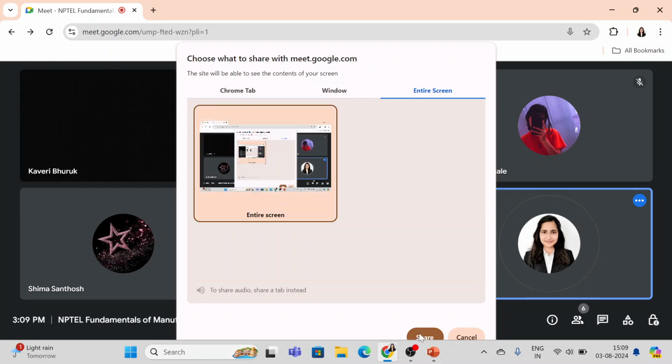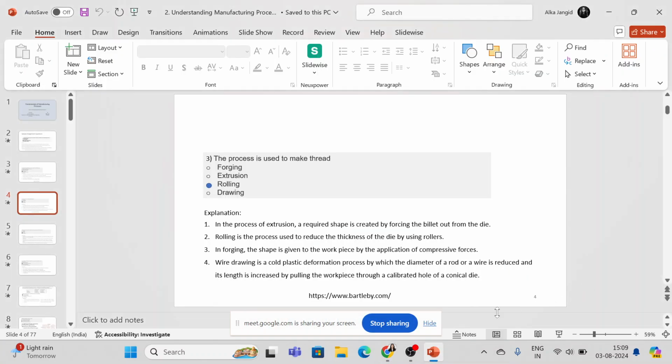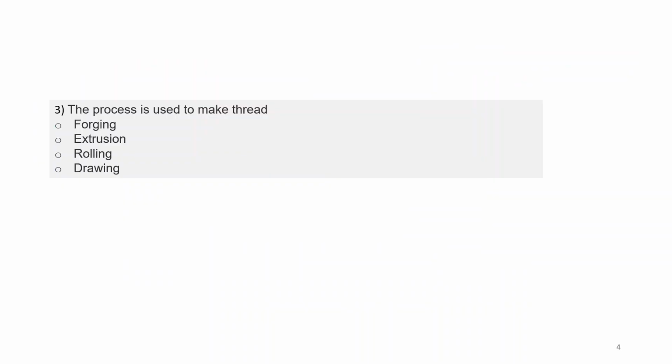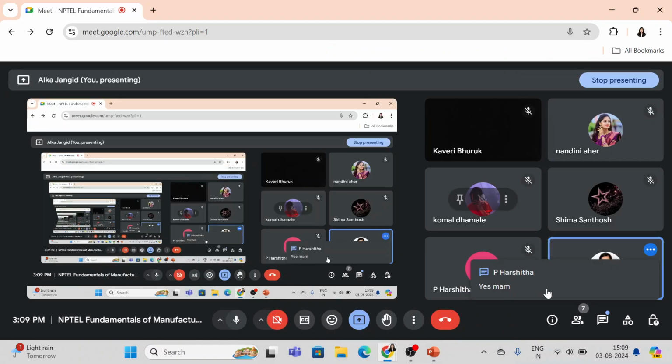Entire screen share. Okay, let me know if the slides are visible now. Okay, are these slides dynamic now? Let me know. Okay.